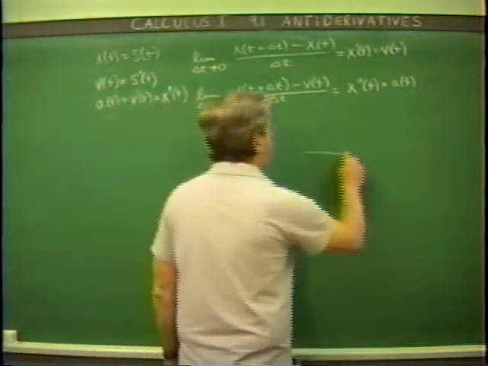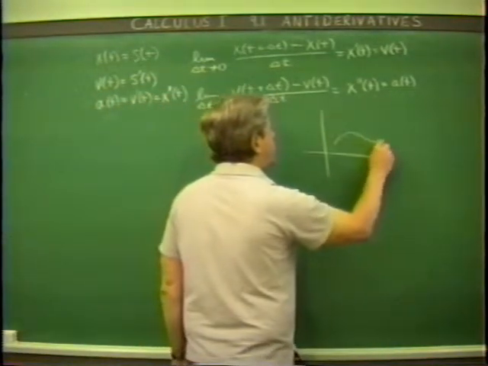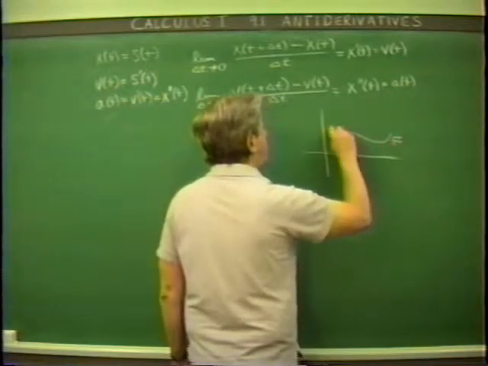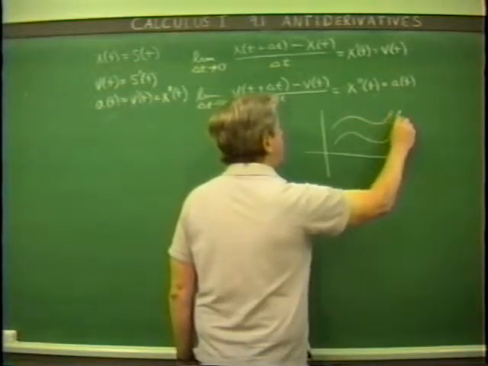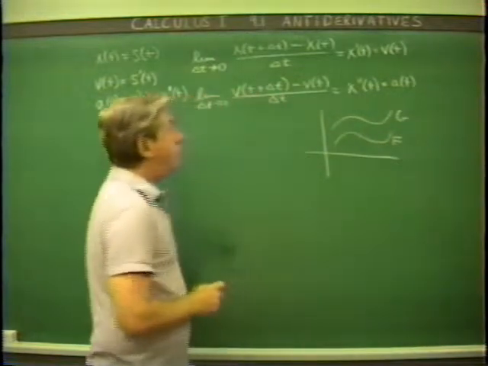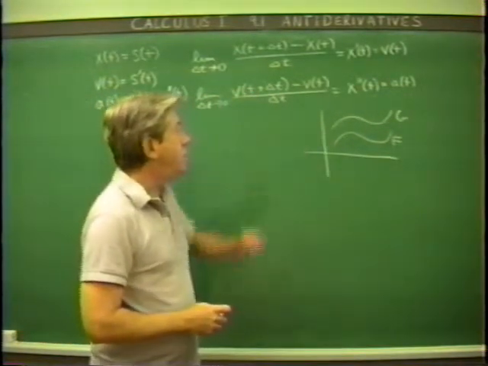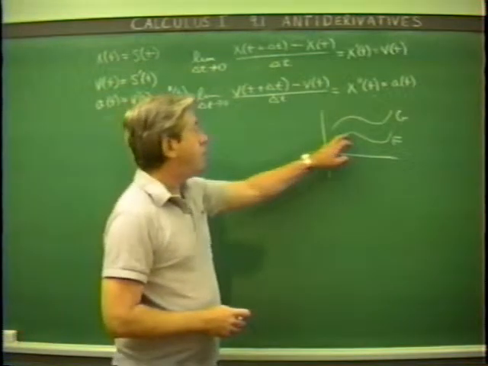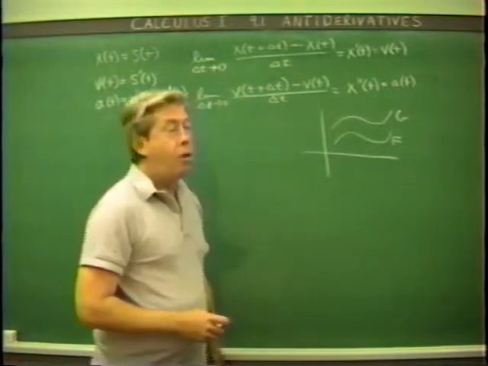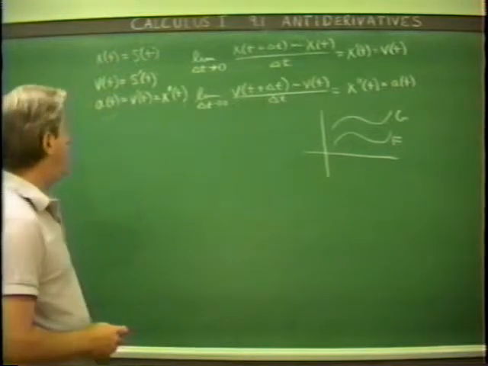It's kind of clear pictorially that if we have two functions, capital F and capital G, and they differ by a constant, then they're going to have the same derivative. The converse actually is the case also: if you've got two differentiable functions that have the same derivative, then the one is just the other one with a constant added on.